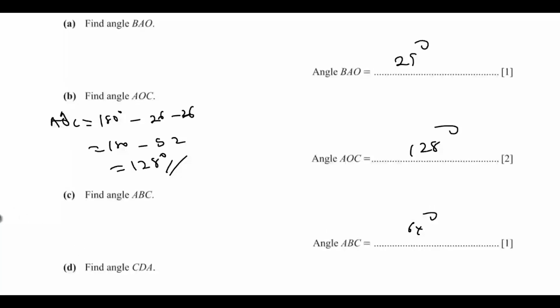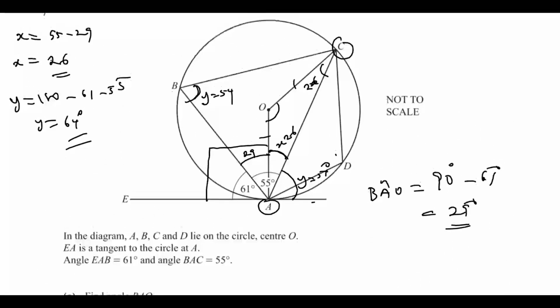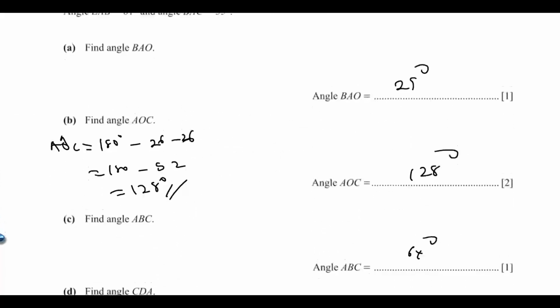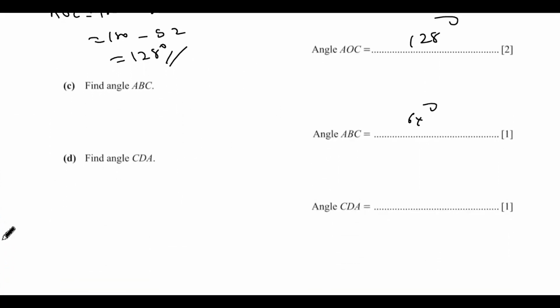Finally, find angle CDA. Angle CDA will be this angle. Of course that is pretty easy for us. These two angles are supplementary because they are opposite angles of a cyclic quadrilateral, so they add up to 180 degrees.